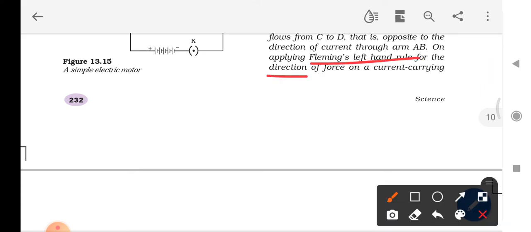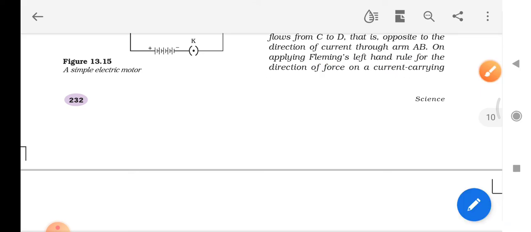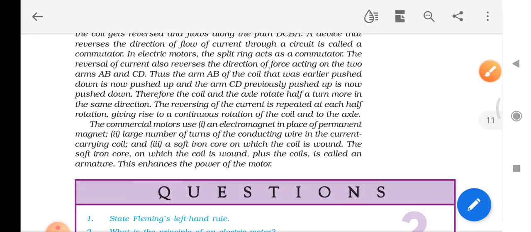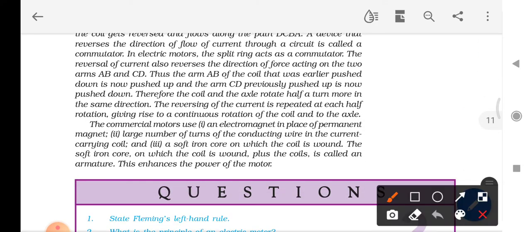Using Fleming's left hand rule, we can find the direction of the force on the conductor. And this is how to enhance commercial motors: use an electromagnet in place of a permanent magnet, a large number of turns, and a soft iron core on which the coil is wound.